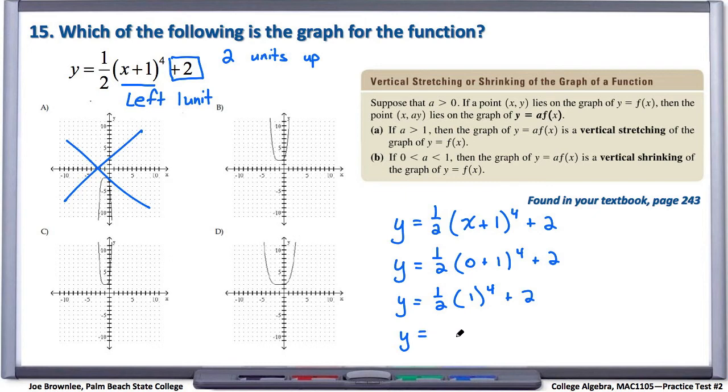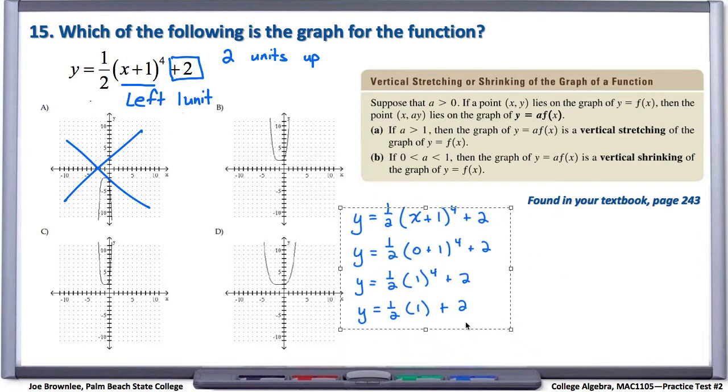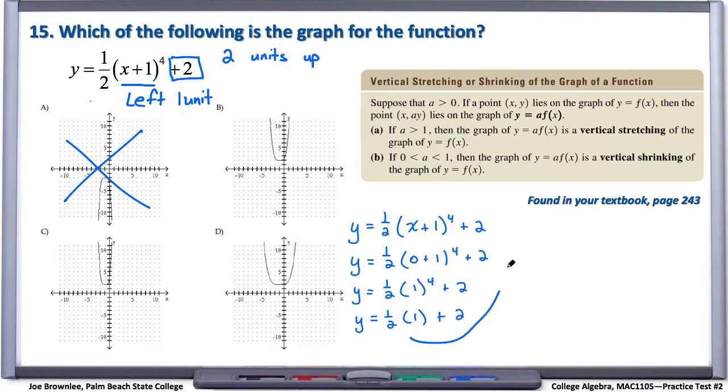Again, still cleaning up. 1/2 times, well, 1 to the 4th is just 1, plus 2. I'm going to move this over a little bit and maybe shrink it. All right, and we'll pick up over here. So 1/2 times 1 is 1/2, so we have y equals 1/2 plus 2.